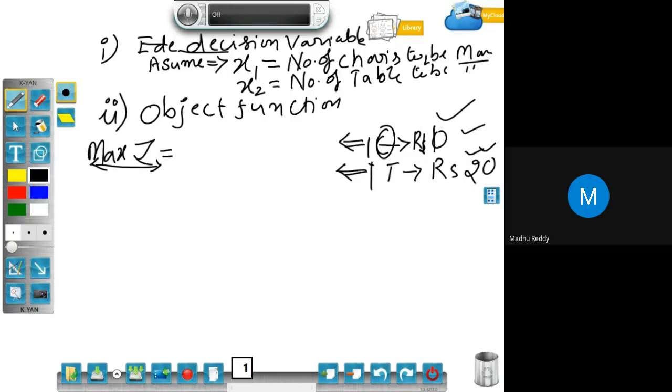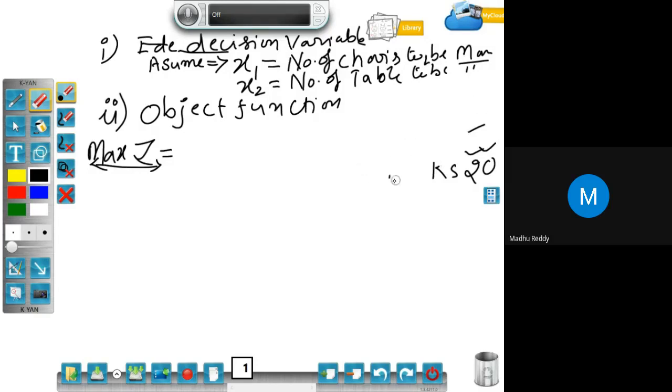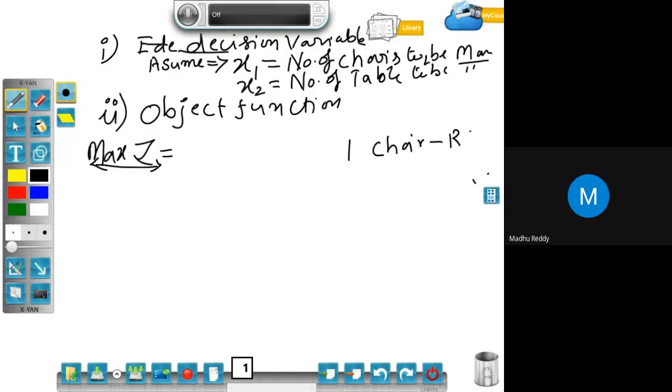So here he has given that from one chair we will get rupees 10. How many chairs is the company going to manufacture?